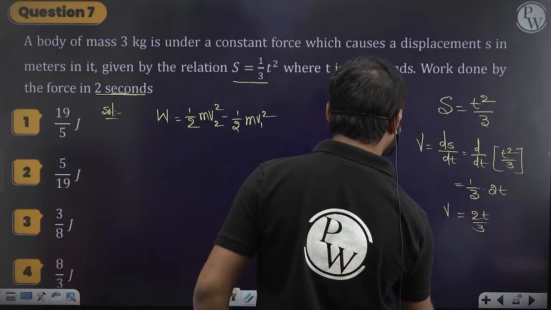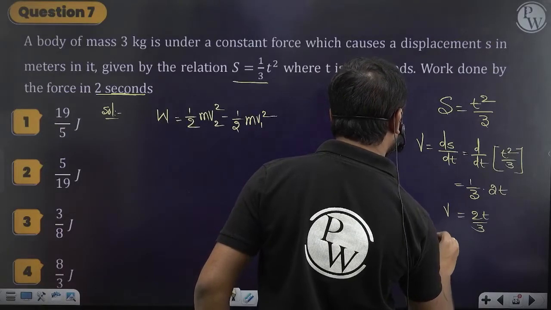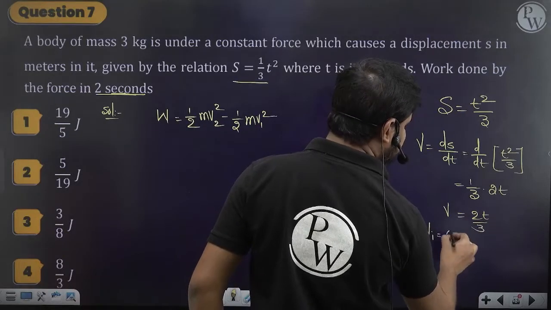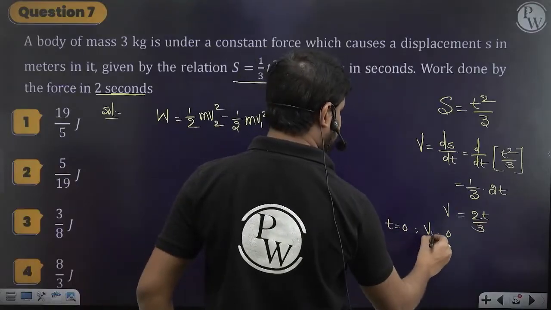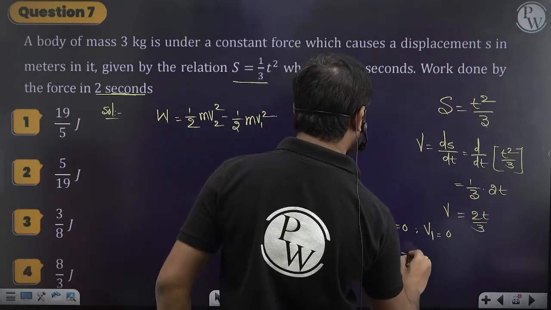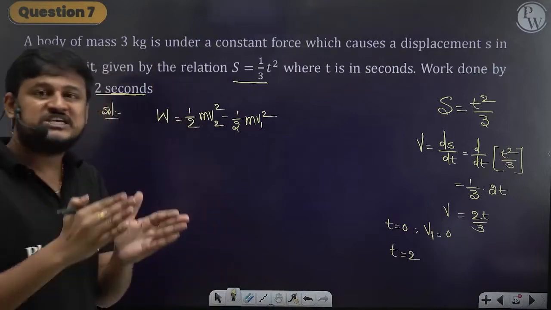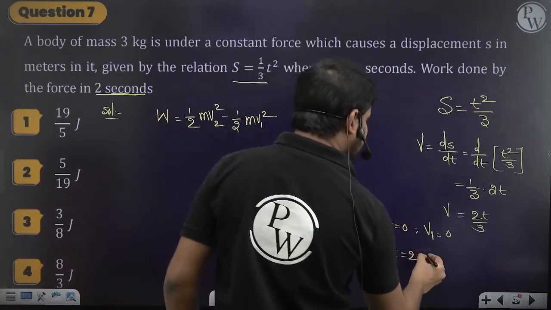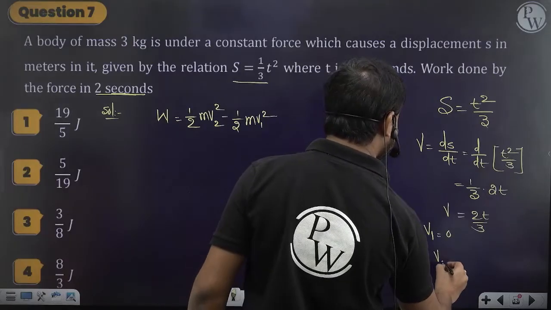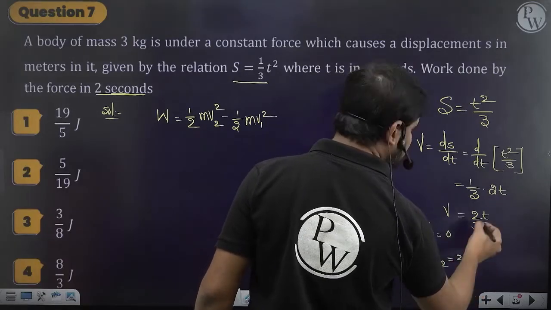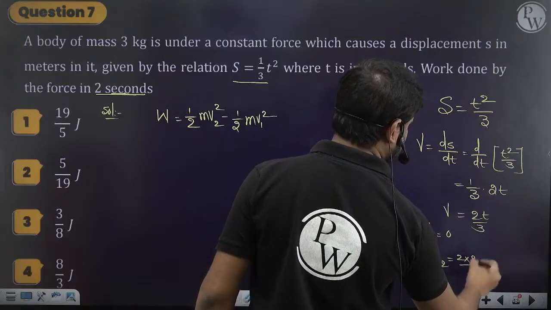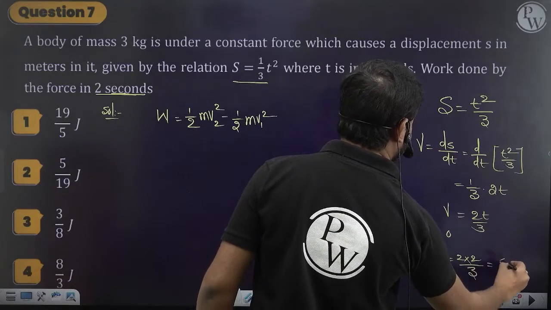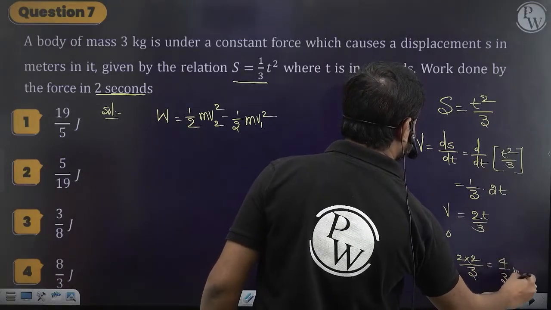At time t equal to 0, that is the v initial. If t is 0, the v initial is 0, so that is v1. At t equal to 2 seconds, v2 will be 2 into 2 by 3, so 4 by 3 meter per second is the final velocity.